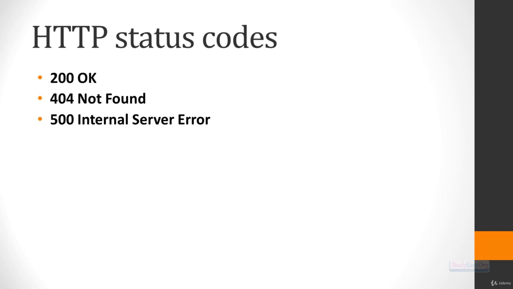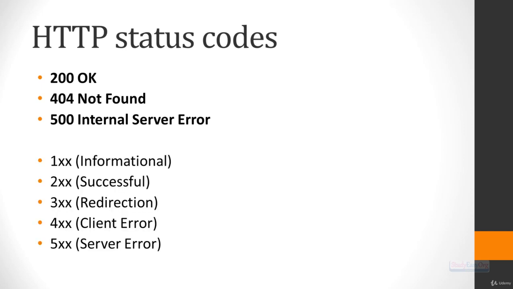Now the status code list is huge. You can definitely Google and search more about the status codes, but here is some information. If the status code starts with 1, it is informational. Whereas if the status code starts with 2, it's good news, it is successful operation related information.